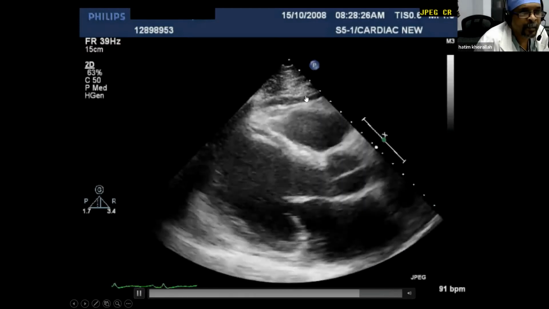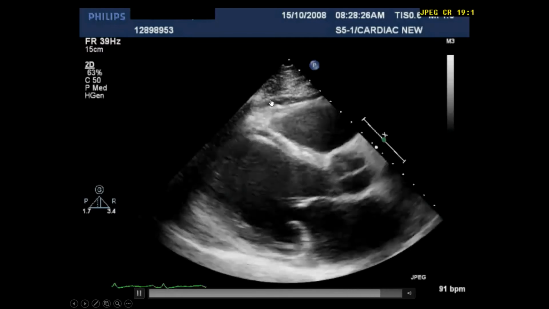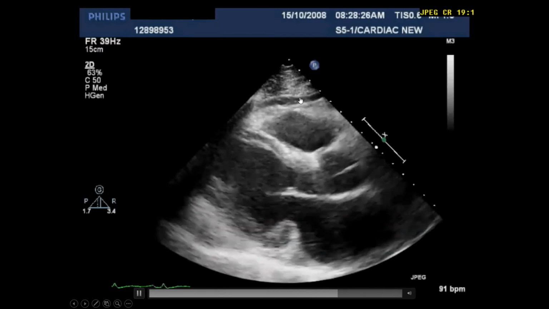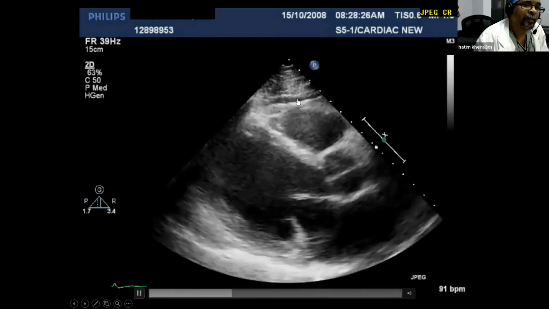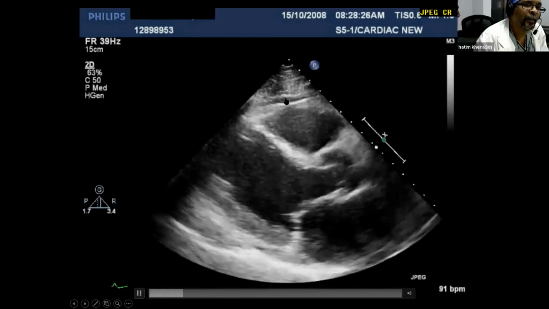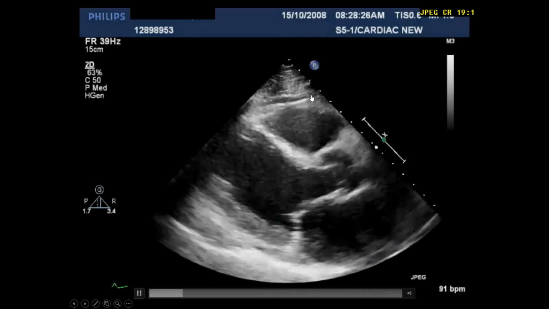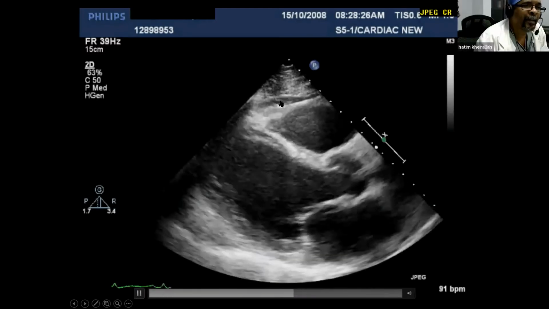And what is this here? Pericardial effusion? No, it's not. It looks like pericardial effusion, but it's not. So what could it be? This is fat. This is epicardial fat. Is it pericardial or epicardial fat?